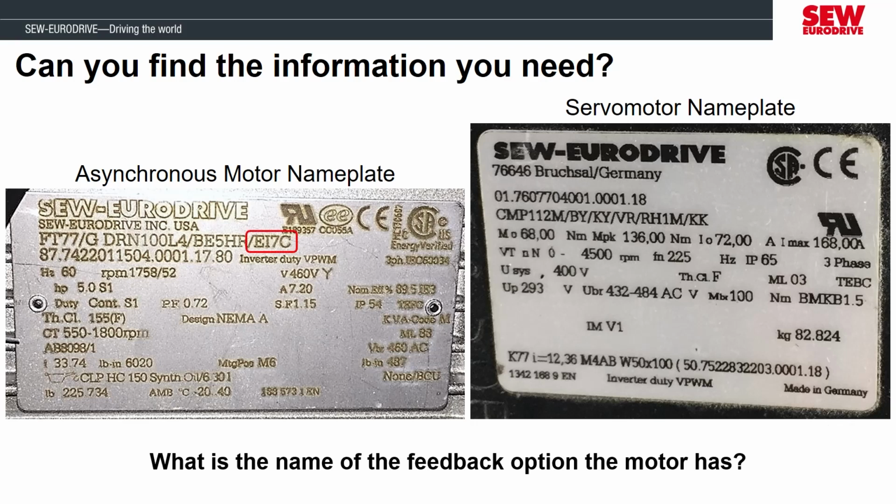The DRN motor was supplied with an EI7C encoder. This is one of our low resolution encoders that outputs 24 pulses per revolution that's built into the fan on the motor. And the CMP servomotor was supplied with a RH1M resolver.